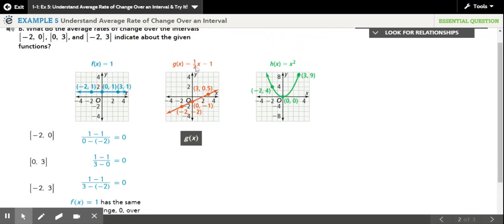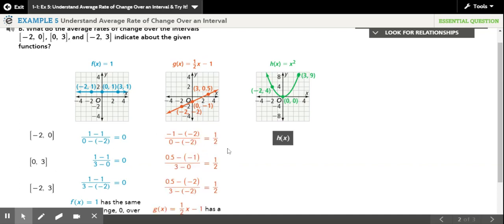Okay. Let's look at g of x. This is g of x is equal to 1/2 x minus 1. It's a line, but it has a slope to it. So from -2 to 0, you've got change in y over change in x, and the slope is 1/2. From 0 to 3, again, change in y over change in x, the slope is 1/2.